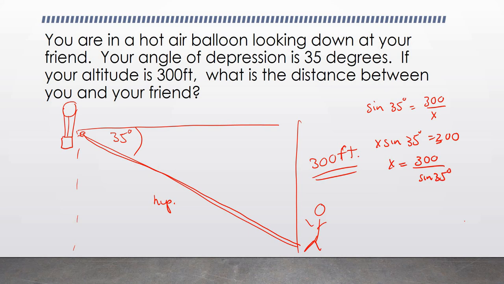So again, using your calculator, 300 divided by the sine of 35 degrees gives you x equals 523.034. Okay? So those are some examples of using trig functions and angles of depression and angles of elevation. That's it.